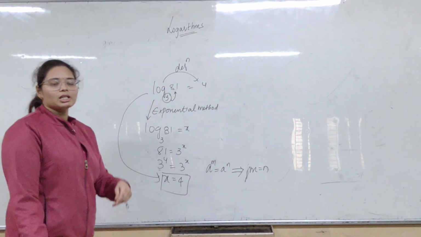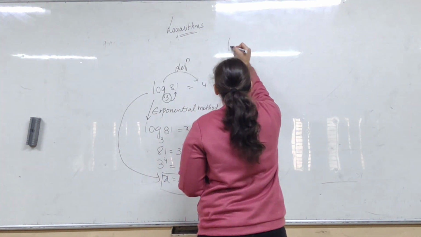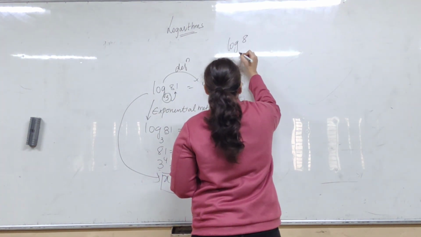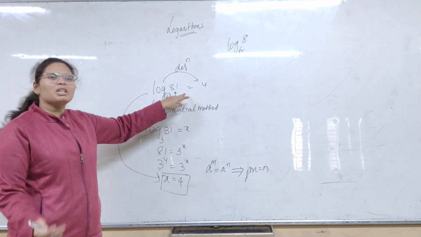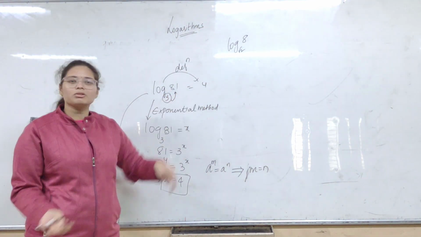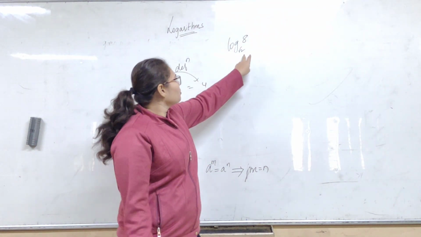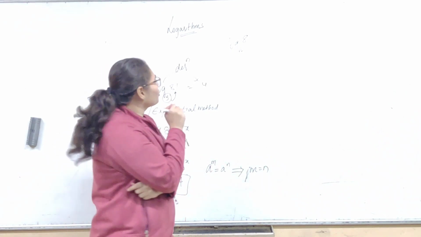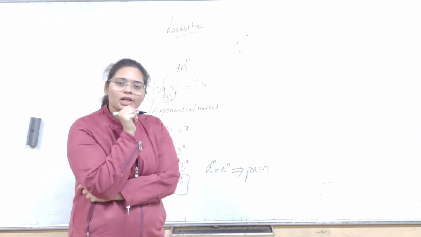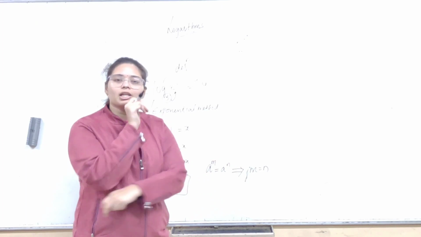Like this, let's see another example also. Log 8 to the base root 2. In the previous one, we could directly know that 3 power 4 is 81 and solve by the definition. But what about this one? What should be the power of root 2 such that it equals 8? I can't calculate that easily.